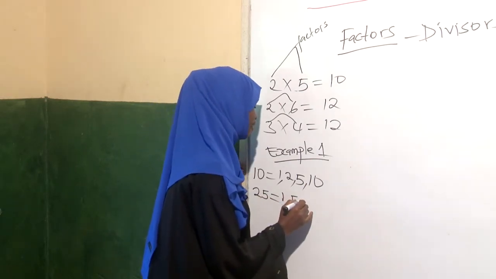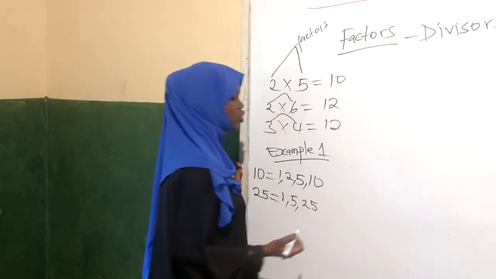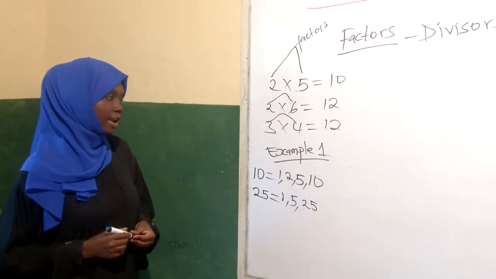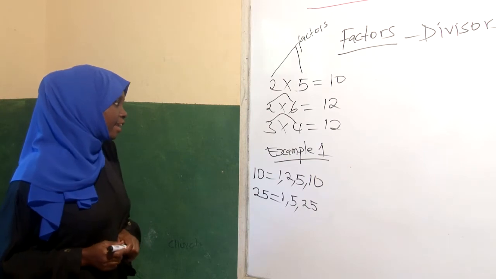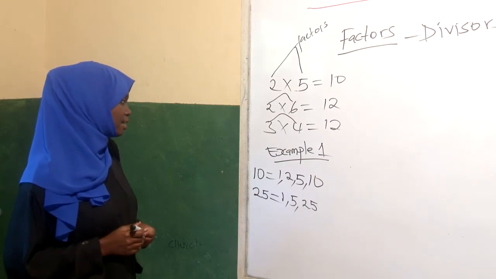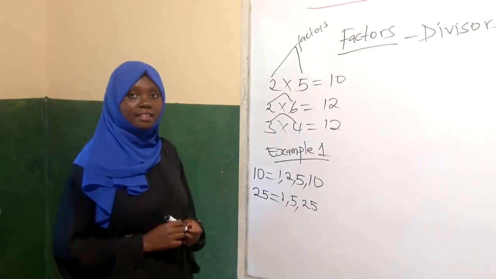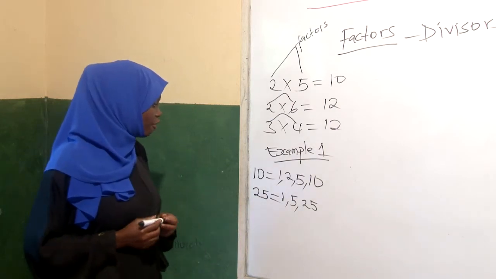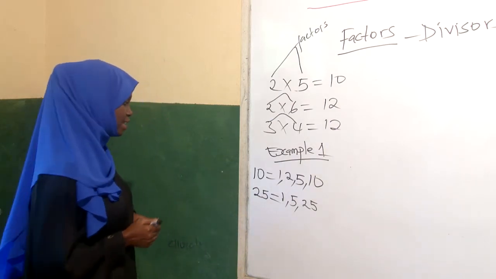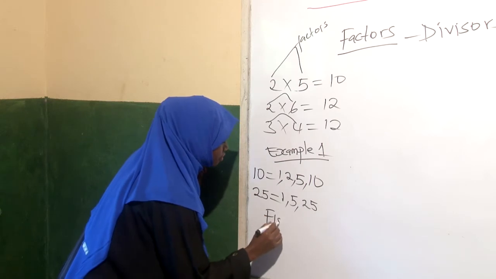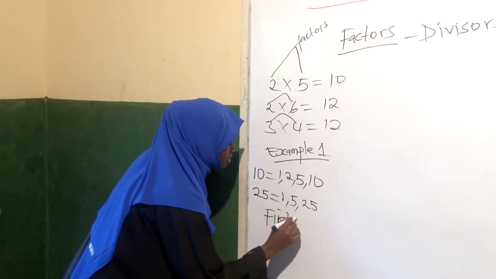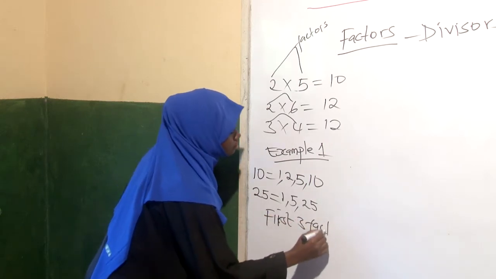And then we have 25, that is 25 times 1. And then in another question, you may be asked to give the first 3 factors of 8. The first 3 factors.